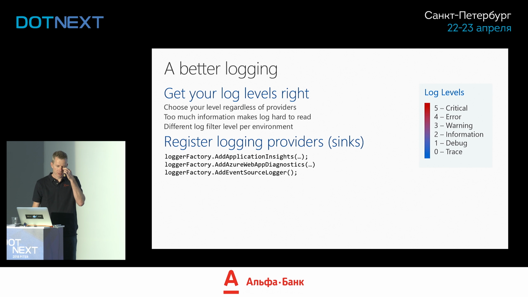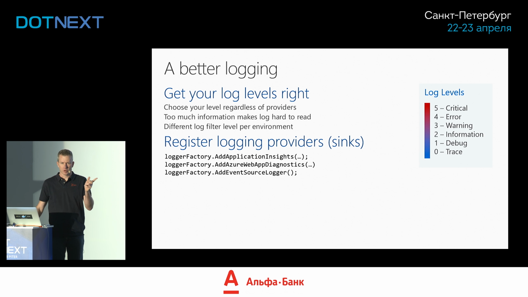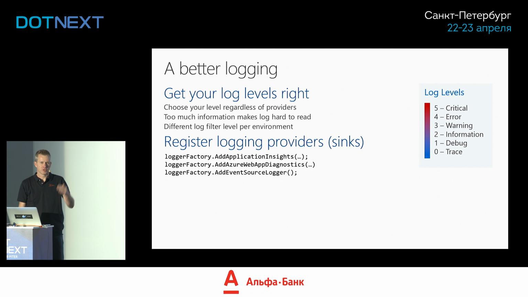But if you do your logging, make sure you get your logging levels right. In Moscow, so DotNext Moscow, half a year ago, Dylan Beatty did a talk where he actually mentioned all of the levels that are there, and like critical is like people get called from their beds, but you might want to step down and go a bit softer if it's not that critical.